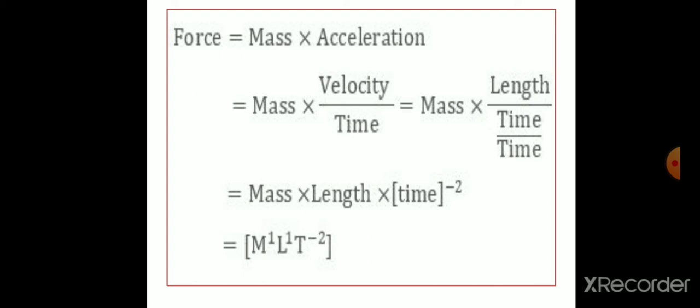Then also velocity is again a derived quantity, so we have to change velocity in terms of fundamental quantities. So velocity is written as distance by time. Hence force becomes mass into length into time raised to minus 2. So the dimension for force is MLT raised to minus 2.